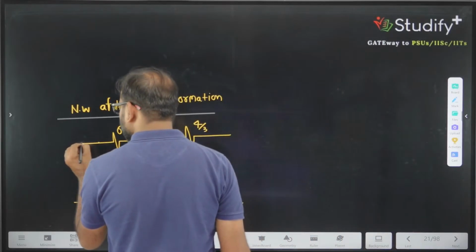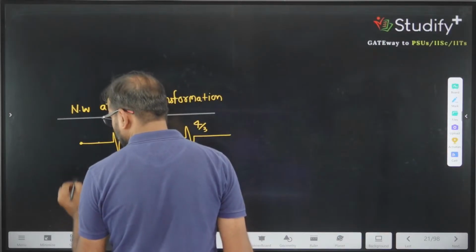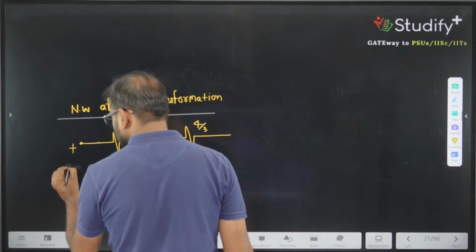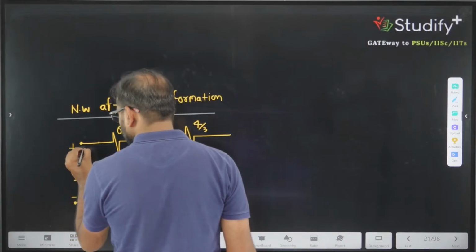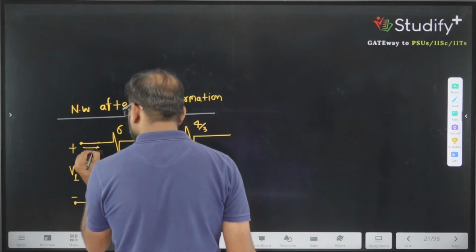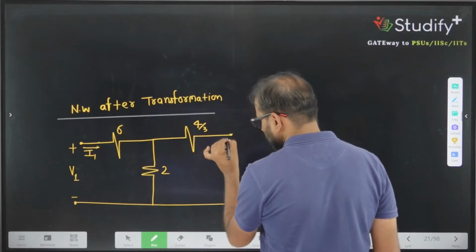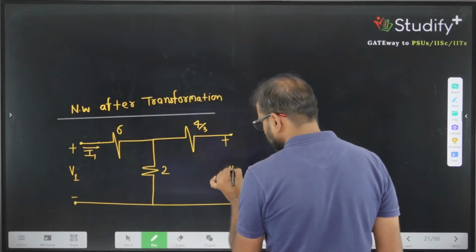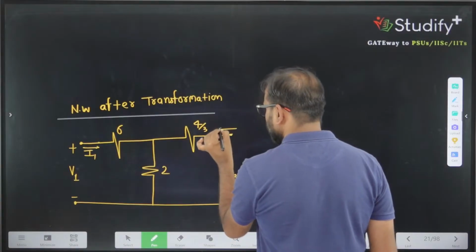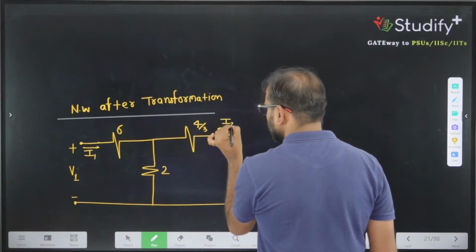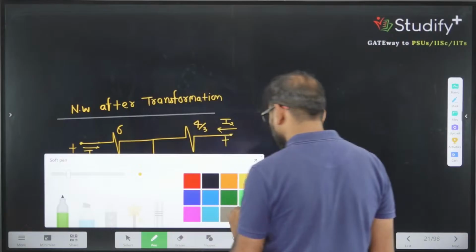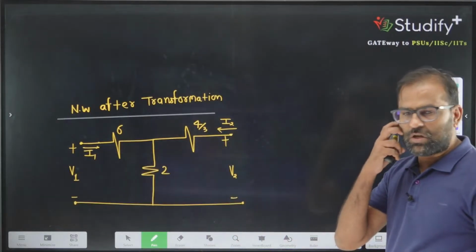And for the T section, we are very much clear about the Z parameter. So if this is V1, this value is I1, this is V2, this is I2, what can I say?